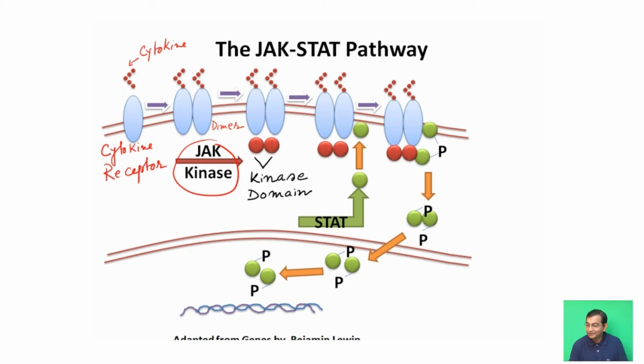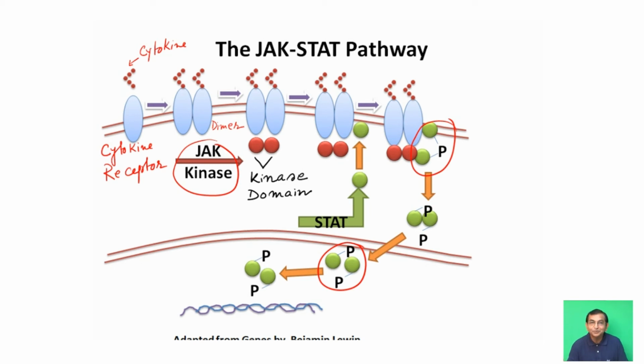STAT is a transcription factor. STAT will also bind with the Janus kinase and cytokine receptor, and they form one multi-component body. Here STAT becomes phosphorylated. The phosphorylated STAT now translocates to the nucleus and activates a transcription factor.